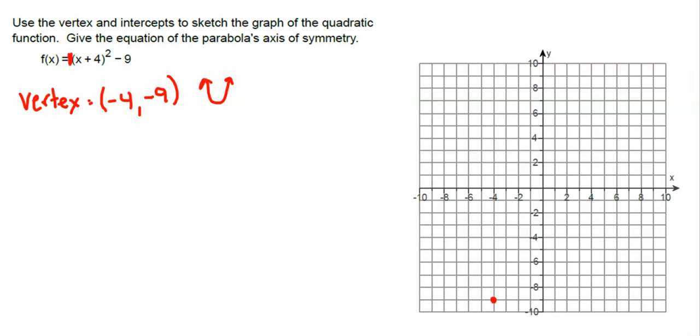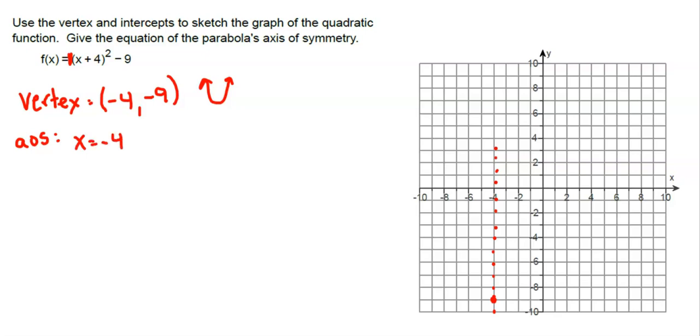We also know that a parabola has a line of symmetry or an axis of symmetry that contains that vertex. So if we think about a vertical line that goes through that vertex, the equation of that vertical line is the equation of our axis of symmetry. So the axis of symmetry has an equation of x equals negative 4.